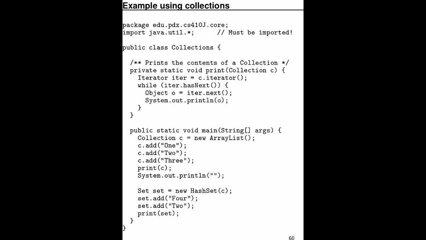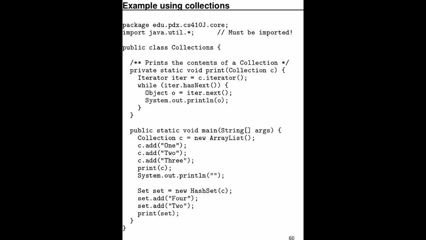Okay, so print takes a collection, some collection of objects, and it's just going to iterate over it and print it out. Now remember, the capital C Collection interface has no notion of the order in which the objects appear. It just knows that there are a bunch of objects here, and it will let you iterate over them.